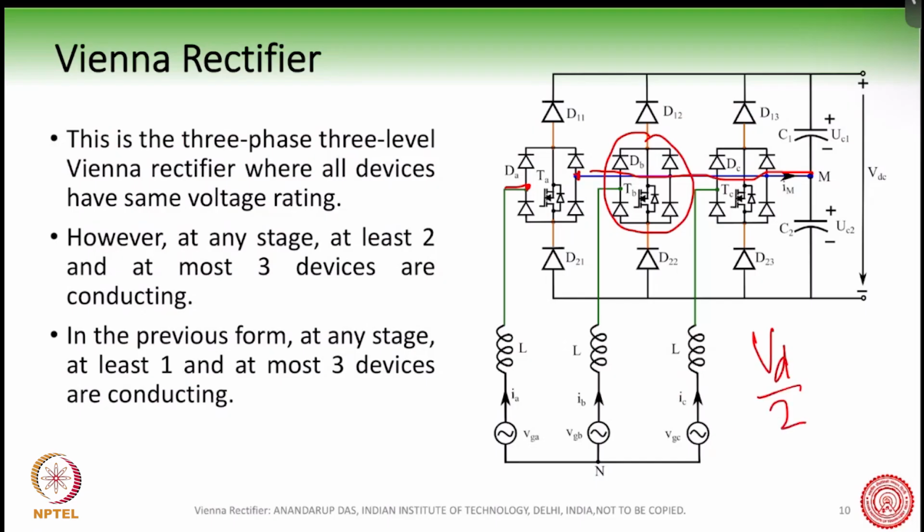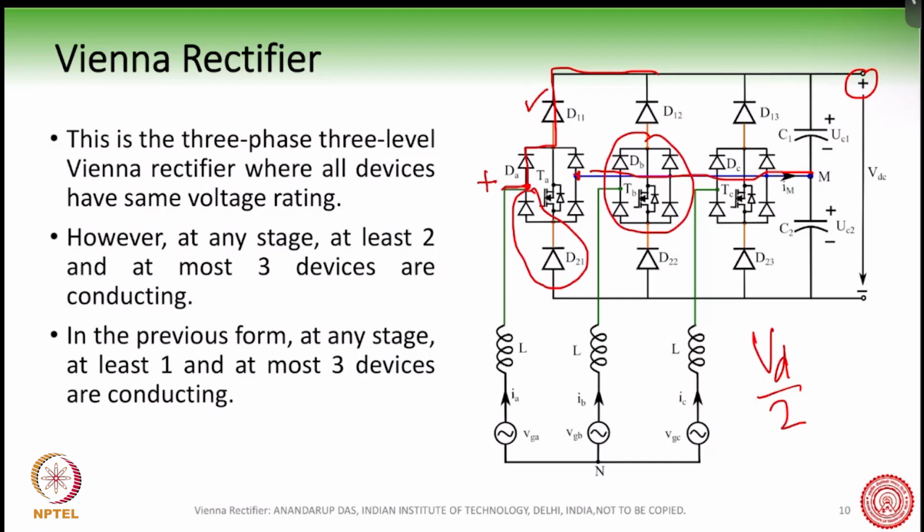For example, suppose this upper diode is conducting, then this and this are conducting, right? So then this plus point comes to here, and you can see that there are now two diodes present to block this plus voltage.